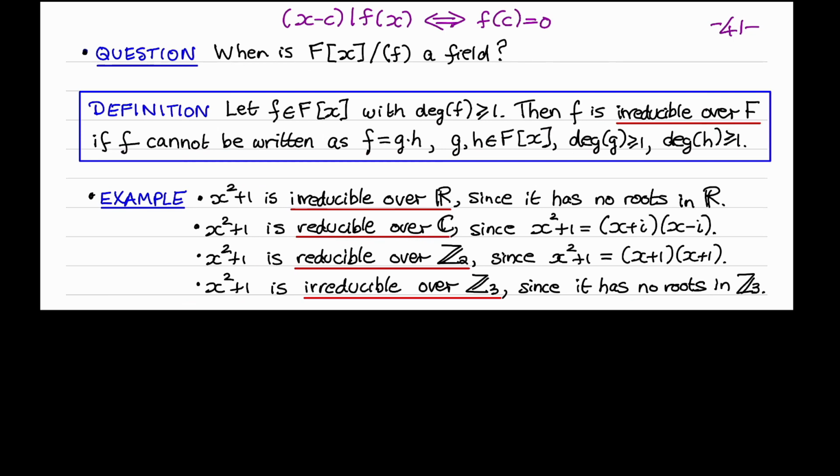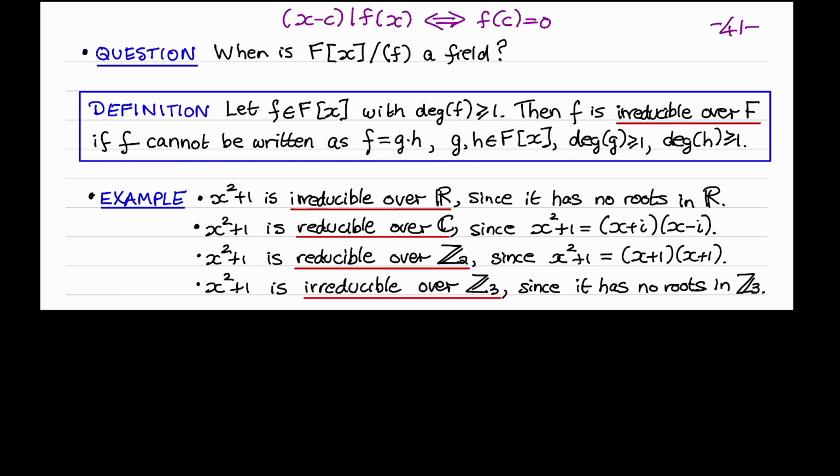And that's because x squared plus 1 has a root in the field of complex numbers, namely the complex number i. So x squared plus 1 can be factored over the complex numbers as x plus i times x minus i. Note that these two factors have coefficients that are complex numbers, but not necessarily real numbers. So we can say that x squared plus 1 is reducible over the complex numbers, even though it's irreducible over the real numbers.